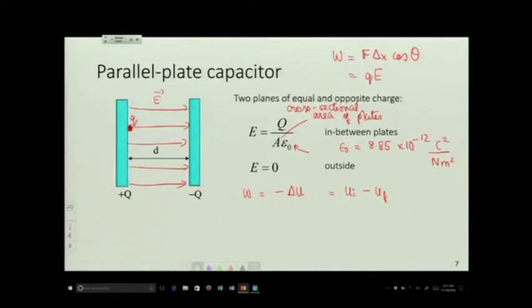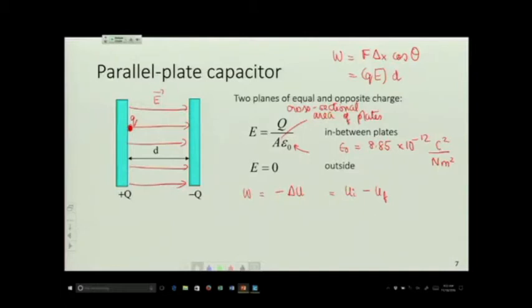So when I move from left to right, I've only written part of that equation down. The force is Q times E. What is the displacement if the separation between the plates is little d? The displacement is just d. What's the cosine of the angle between the force and the displacement? The angle is 0, so the cosine of the angle is 1. So that's the work done.